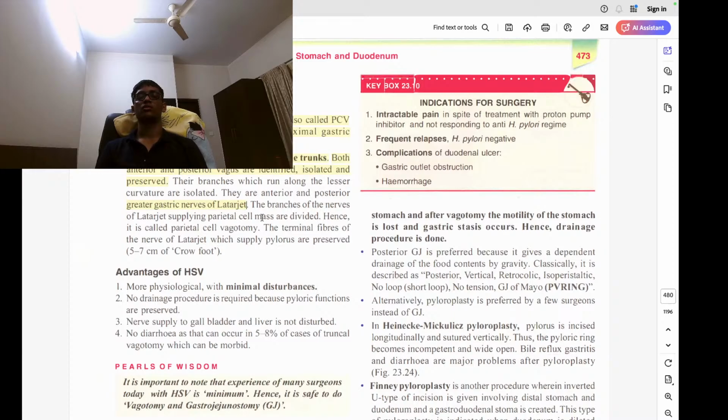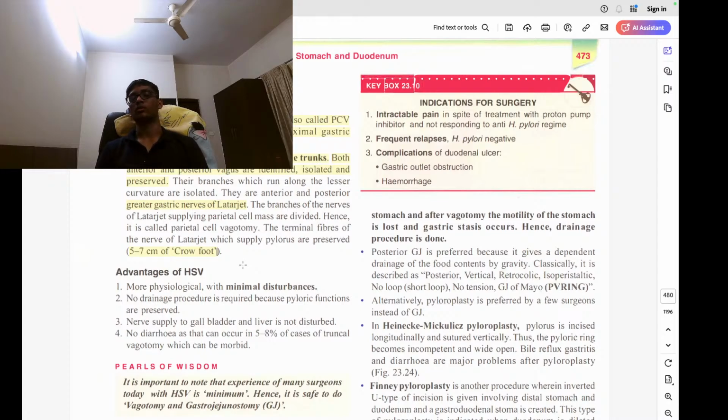The terminal fibers of the nerves of Latarjet, which supply the pylorus, are preserved, so it is 5 to 7 centimeters of crow's foot. The advantage is that it is more physiological with minimal disturbances. No drainage is needed, and the gallbladder and liver supply is not disturbed. No diarrhea, which can occur in 5 to 8% of cases of truncal vagotomy and can be morbid.